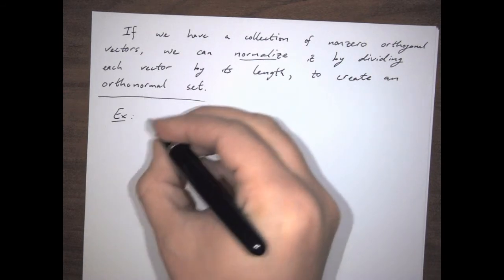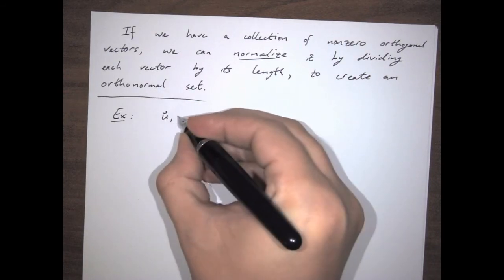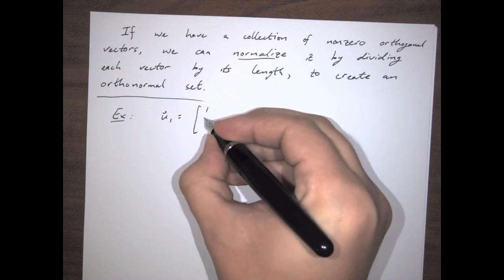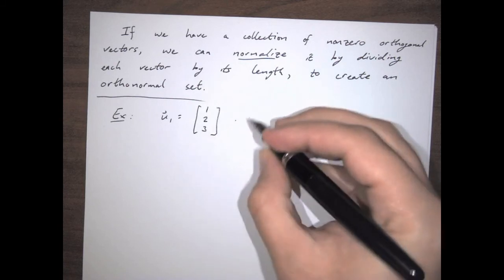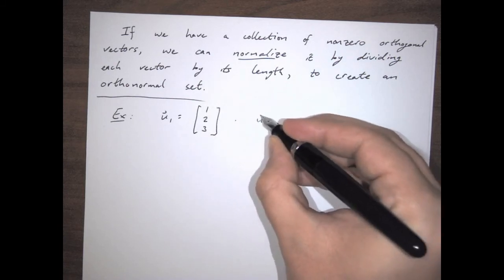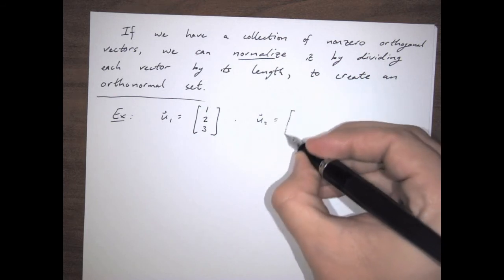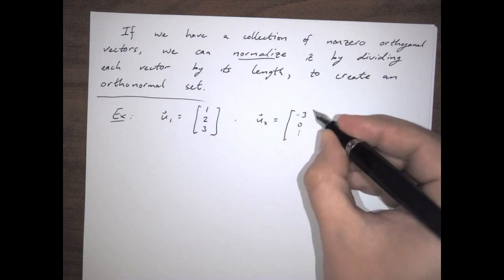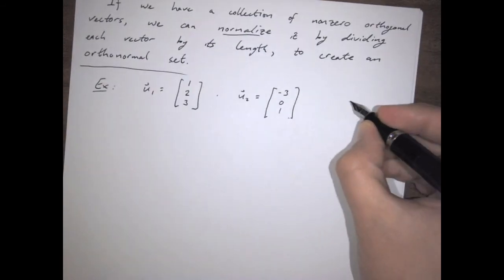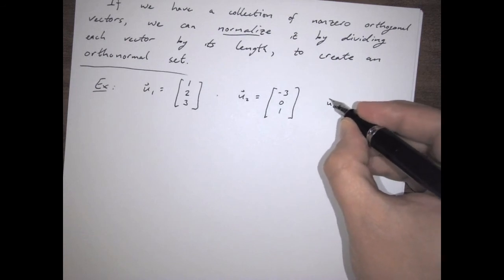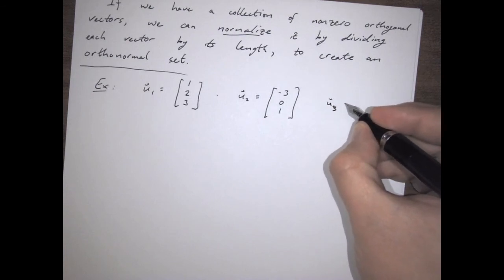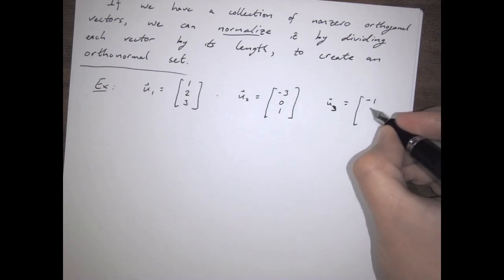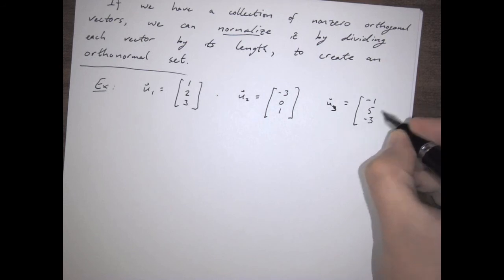Let's say that we have u1 is equal to (1, 2, 3), u2 is equal to (-3, 0, 1), and let's say that u3 is equal to (-1, 5, -3).